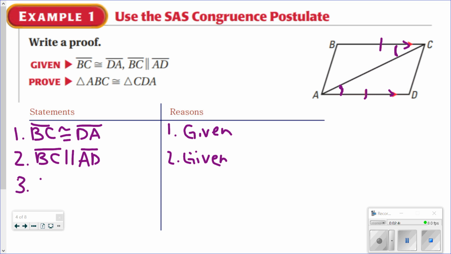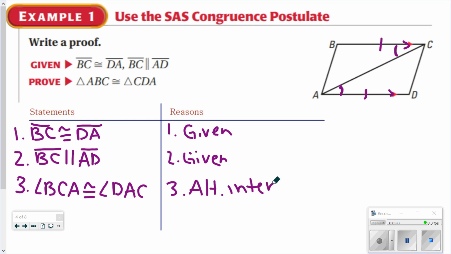So angle BCA is congruent to angle DAC, and why? Those are alternate interior angles.